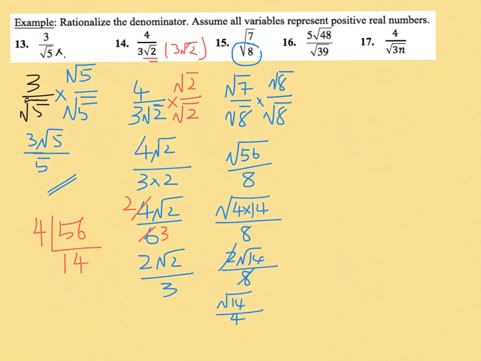For number 16, 5 square root 48 divided by square root of 39, I find that 48 and 39 are large numbers. So maybe I'll just try to apply the quotient property of square roots to help me simplify the two numbers.